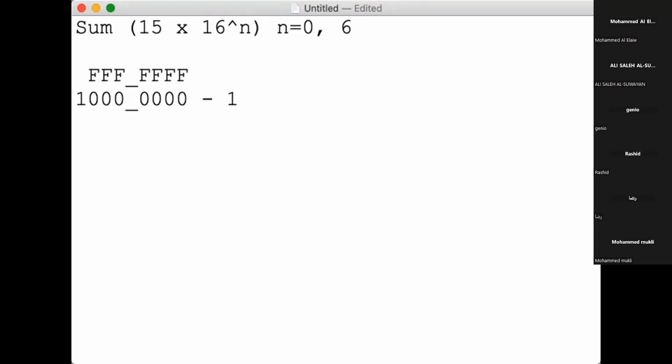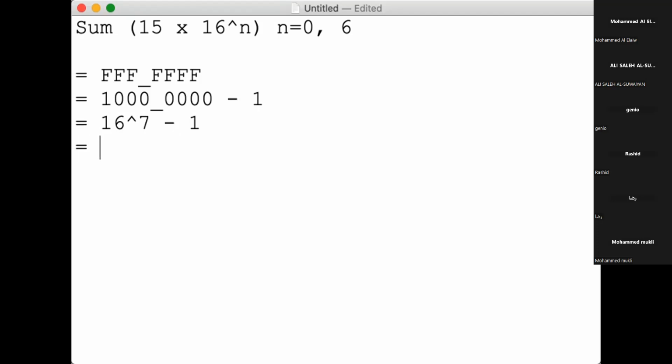I can put an equality here. I'm representing the numbers here in hexadecimal, and now I'll convert this to decimal, which is 16 to the 7 minus 1.